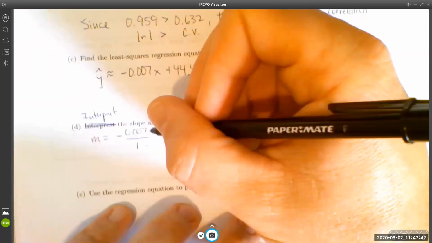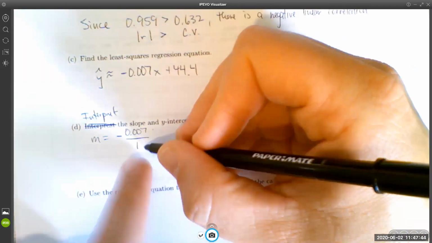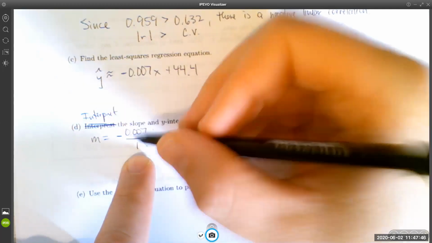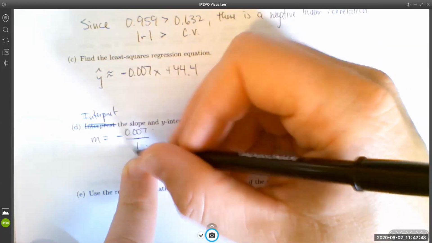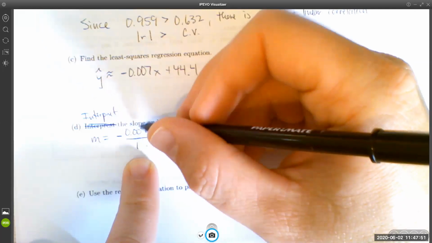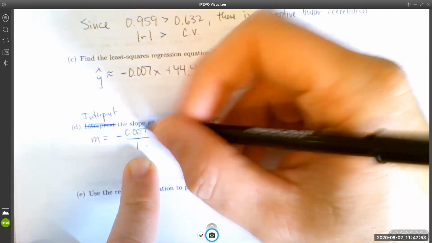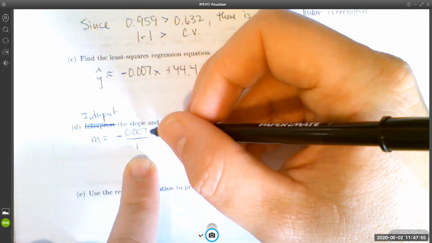Ooh, okay. Let me do this again. So for every pound increase in the weight of the car, there's a decrease in miles per gallon of negative 0.007, right?